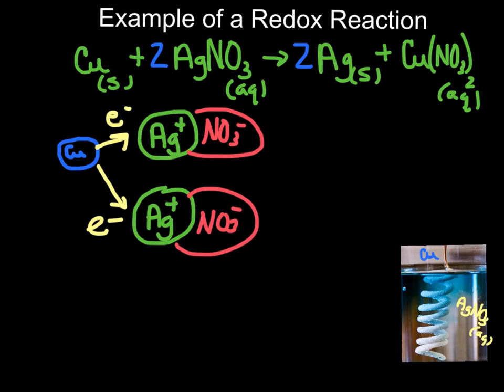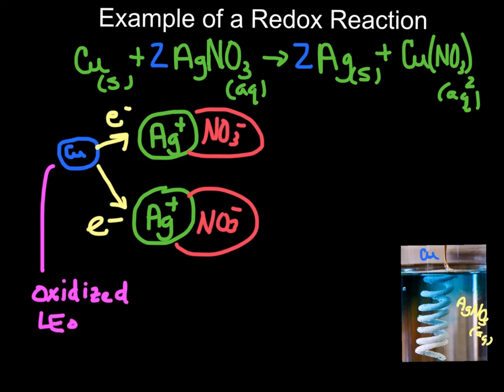So let's make sure we write that down. Okay. Copper, well, let's see if I can get a different color for us. Copper is oxidized because he's Leo.